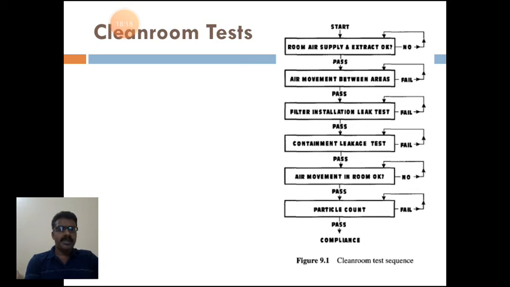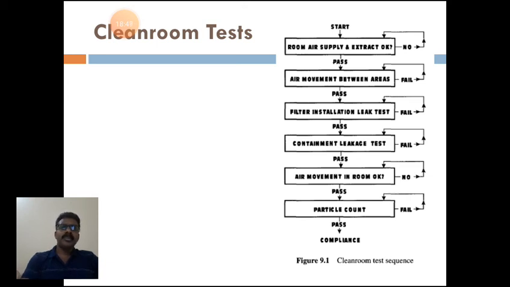Then the filter installation leak test has to be performed, in case there is any leakage or any particulate matter enters. Containment leak test has to be performed. Air movement in the room has to be checked. Particle count has to be done. So finally it should show compliance with the cleanliness standards.